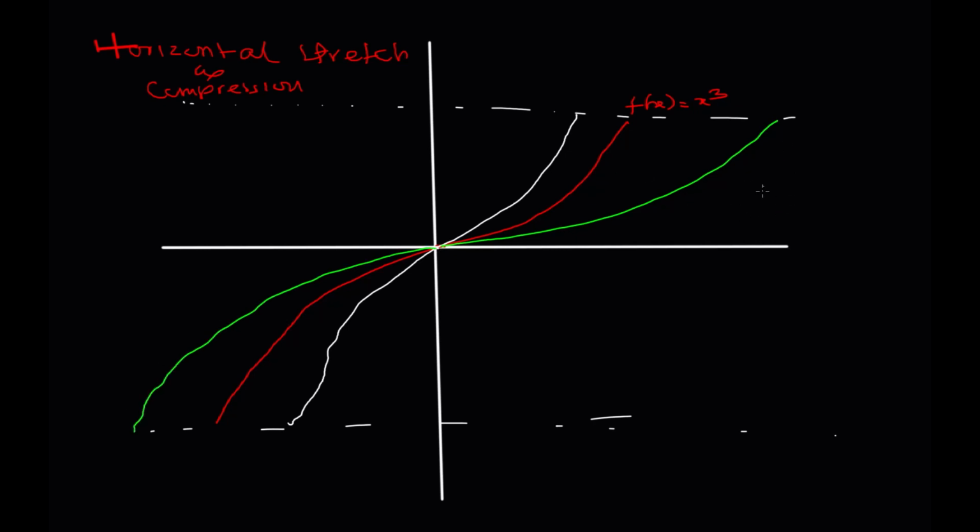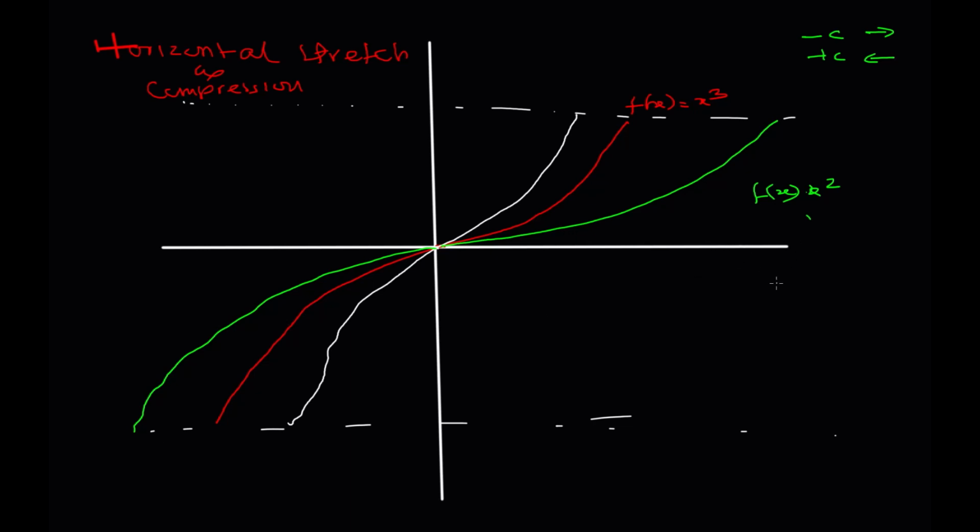Now this is similar to horizontal shift, where we say that a factor of -c will move it right, and a factor of +c will move it left. So what happens here is that if I had my function, which is f of x equals x squared, like that.